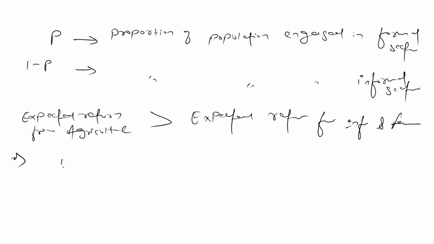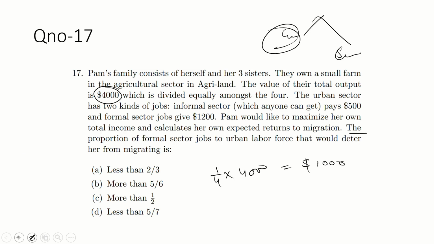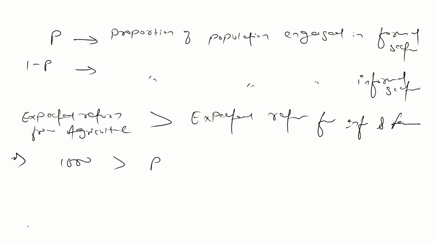So just write 1,000 greater than P, where P is the proportion of people doing the job in formal sectors. Okay, sorry, informal sectors. Guys, P is the proportion of what? Formal sector, no? And they're getting a payoff of 500. So can I write 500 plus 1 minus P into 1200?